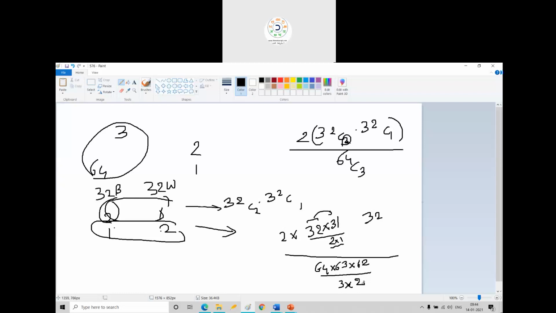So let us cut these things. 32 will go with this 2 times. Then this 2 you can cut with this 2. Then this 31 can get cancelled here, 31 2 times it will go. Like that you can continue doing the work.